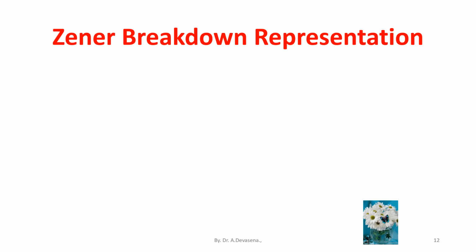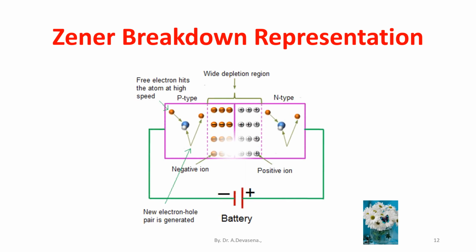Zener breakdown representation is indicated here. Here we have a PN junction and a wide depletion region is indicated. In the p-type portion nearer to the junction we have negative ions. In the n-type portion nearer to the junction we have positive ions.